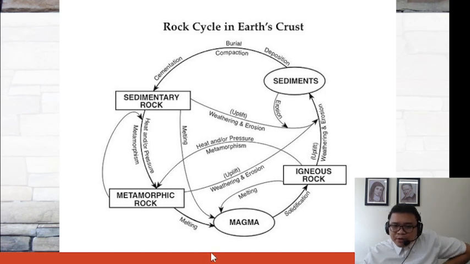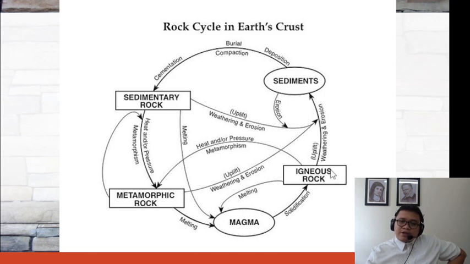For example, I would like to start here with magma. Let's just say that this is our starting point, but technically the rock cycle has no starting point. If the magma from the Earth's interior solidifies, it becomes an igneous rock. That is very common knowledge, because any molten material from the Earth's interior that solidifies becomes an igneous rock.